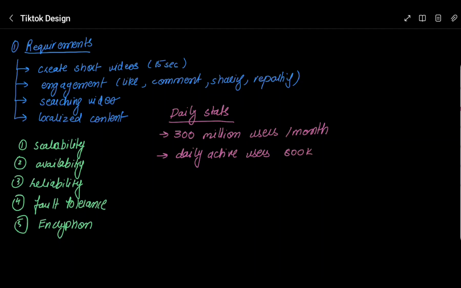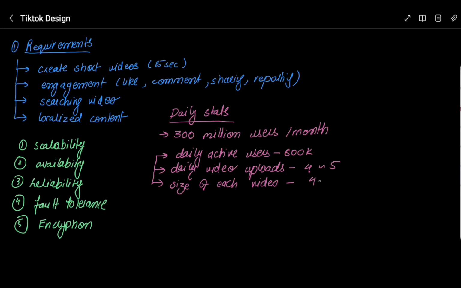And the number of daily video uploads by these users would be like 4. Let's assume 4 to 5. And the size of each video would be somewhere around, again, 4 to 5 MB.